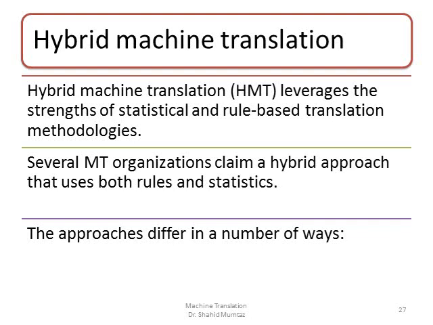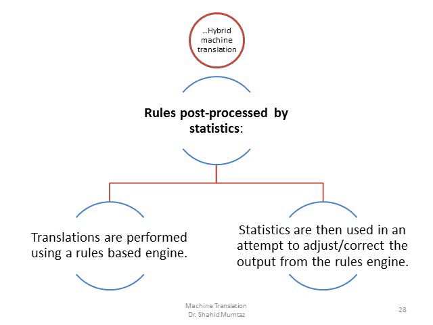Several machine translation organizations claim a hybrid approach that uses both rules and statistics. The approaches differ in a number of ways, of course. Rules post-processed by statistics: translations are performed using a rules-based engine, and statistics are then used in an attempt to adjust or correct the output from the rules engine.